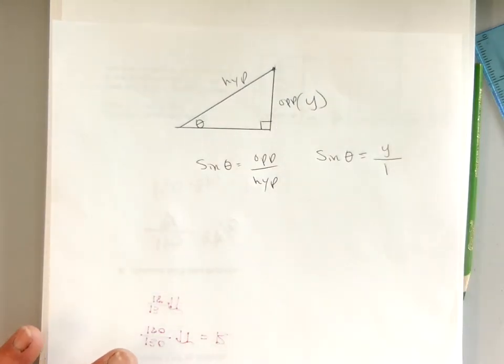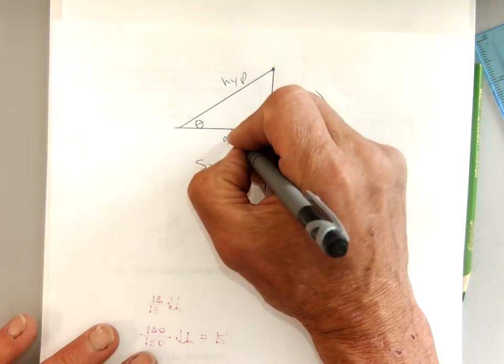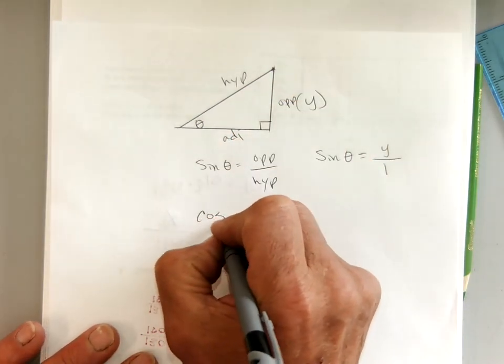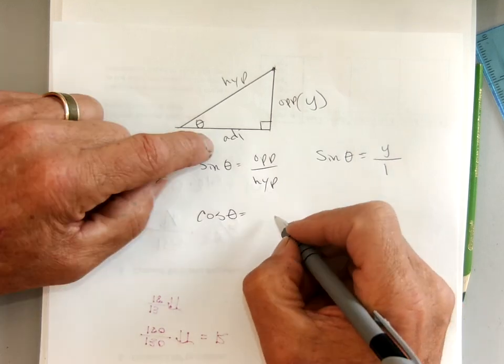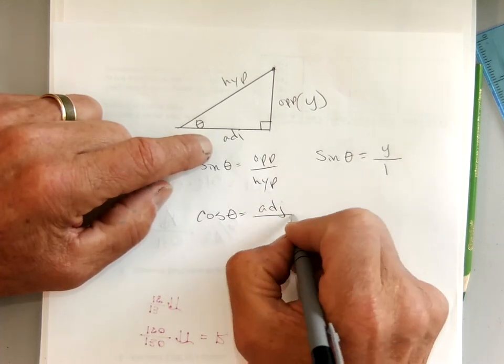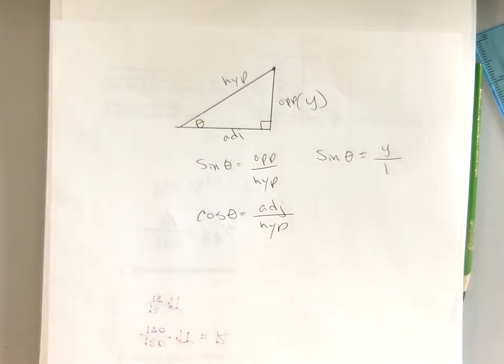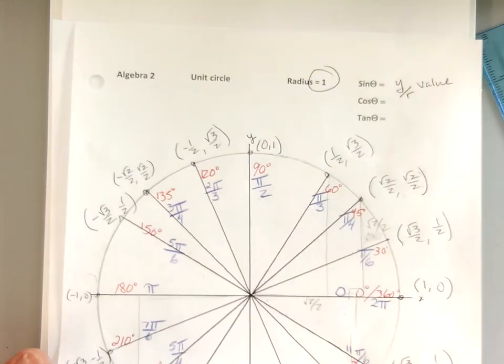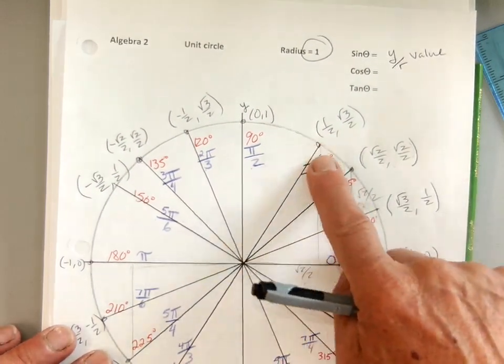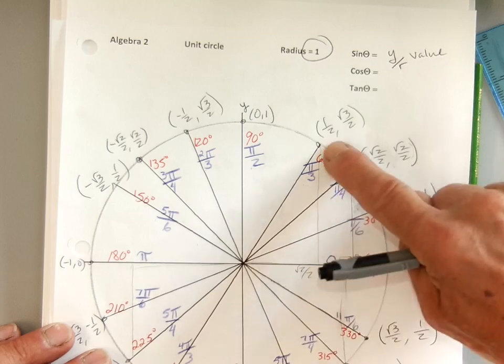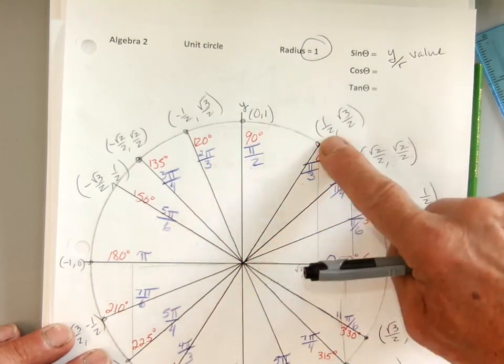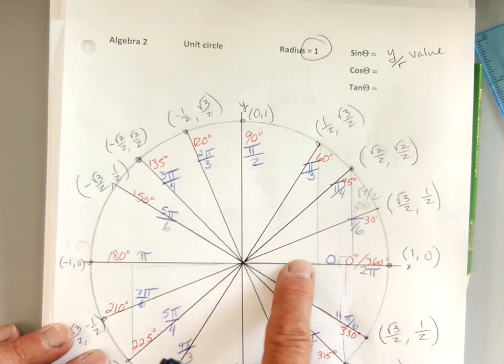Cosine, we know from right triangle trig, is equal to the adjacent side over the hypotenuse. We've been doing right triangle trig for a while. On the circle, if we look at the triangles, our hypotenuse is 1 because it's a radius of 1, and our adjacent side is the x value if it was on a grid.